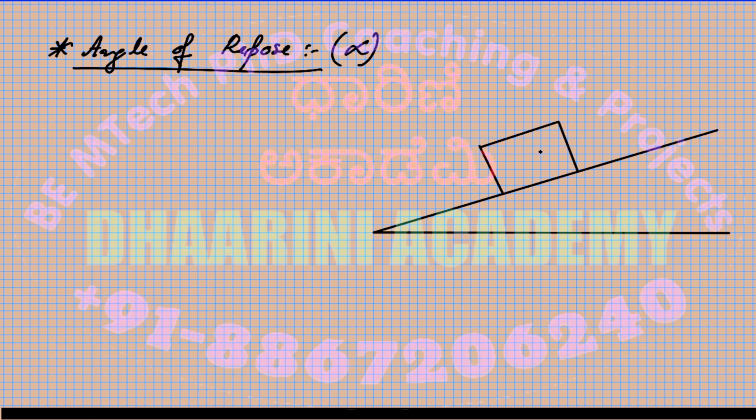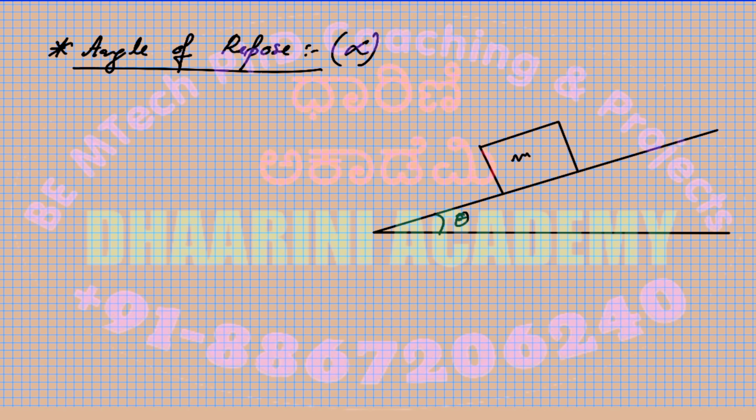There is a mass m here. Let's say there is a theta, that's the tilt. So there is a block of mass m placed on an inclined plane with inclination equal to theta.